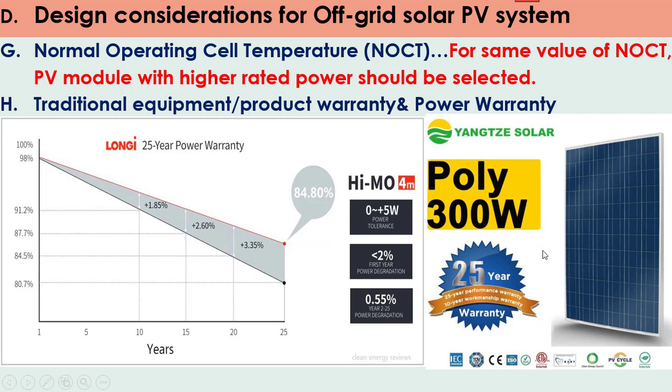And also we must take into consideration the certification of the module produced from the factory or from manufacturing. As we see, the certifications are IEC, TUV, CE, ISO, and other types of certification.